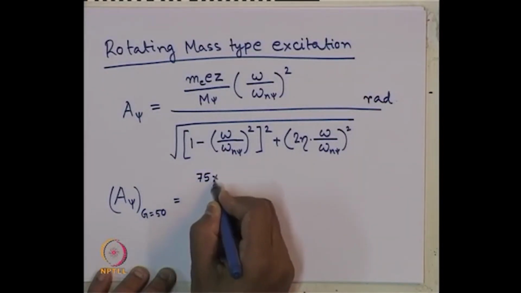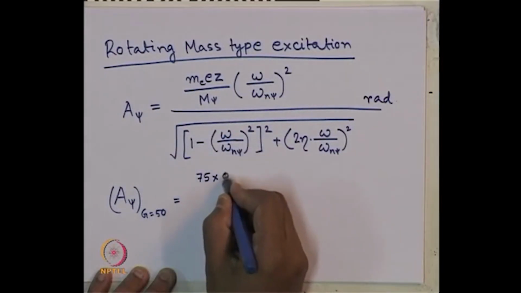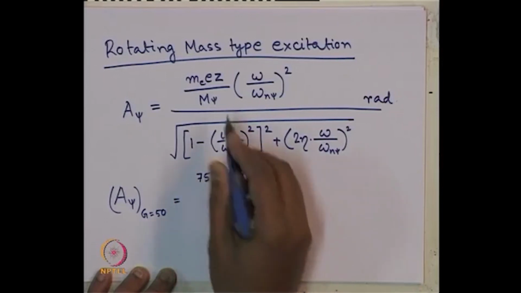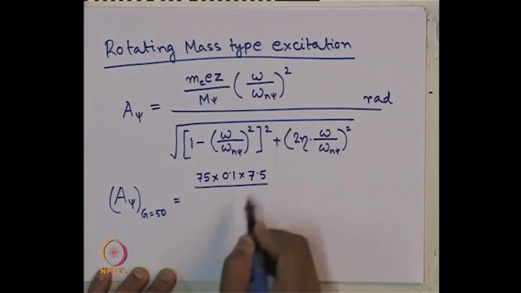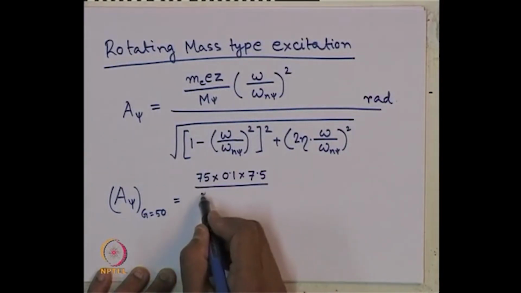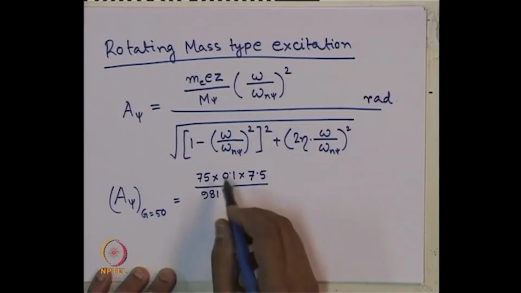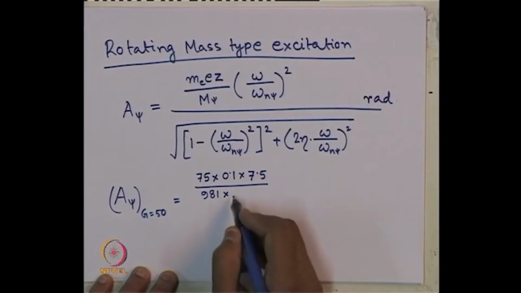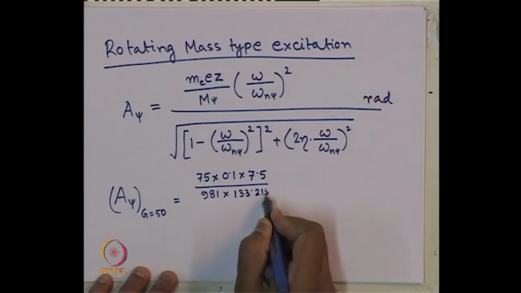75, then 0.1, then 7.5, which is h by 2, divided by 981 into m psi. How much did we get for g equals to 50 kg per centimeter square? 133.215.